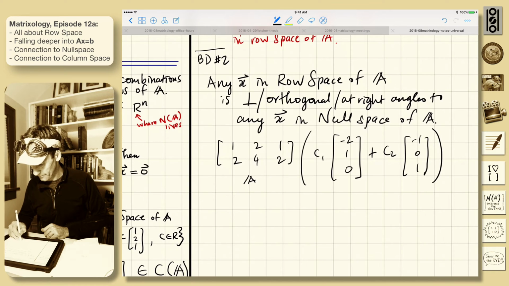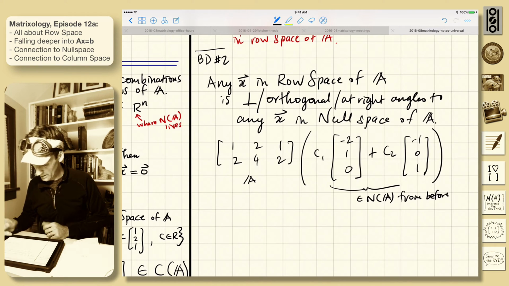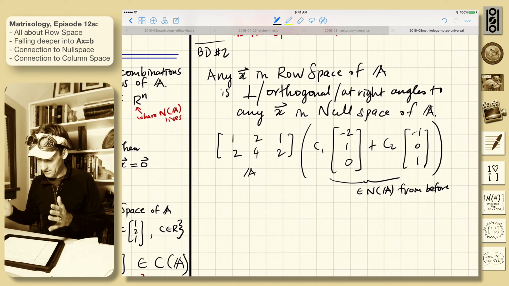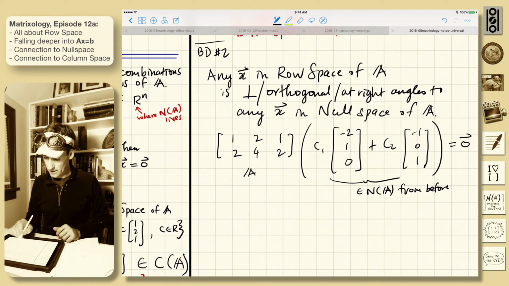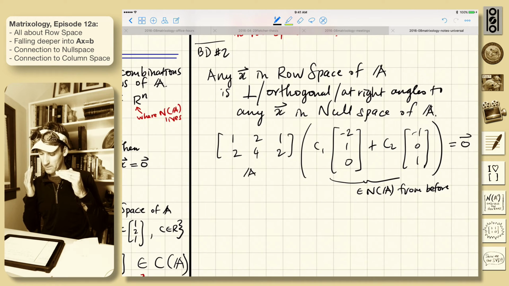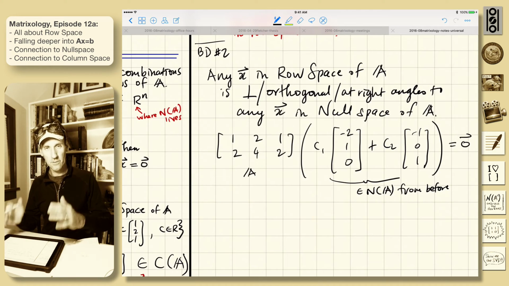This is the null space of A from before. And A times a null space vector has to equal 0. So the inner products of the rows and these null space vectors are 0. That means they're orthogonal.